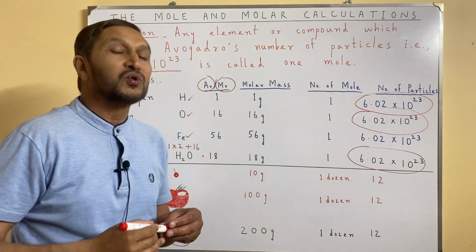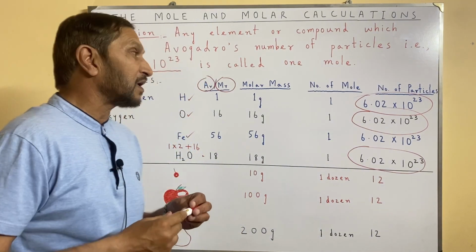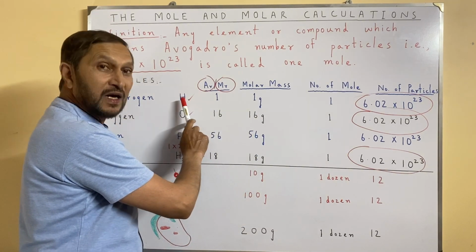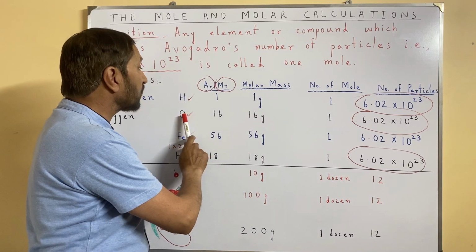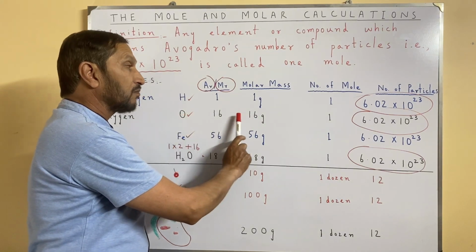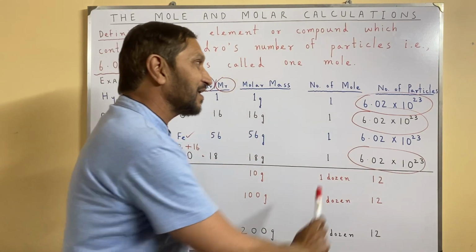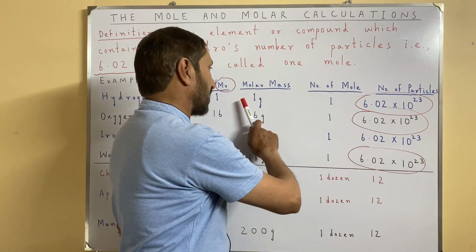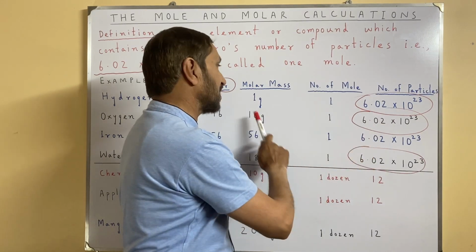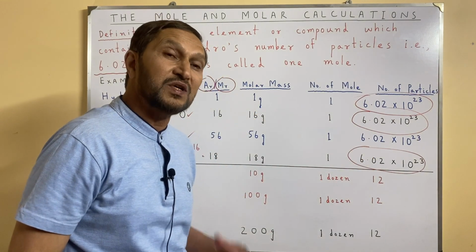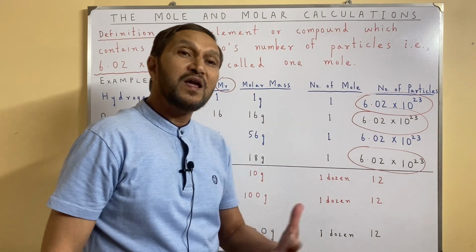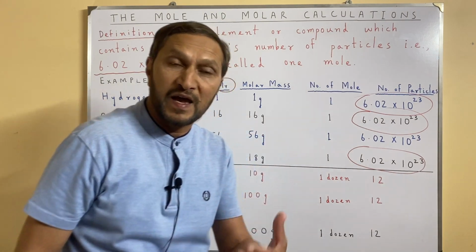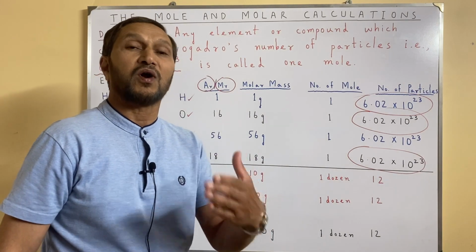Now the question is: how is it possible that 1 gram of hydrogen, which seems a smaller value, and 16 grams of oxygen both contain 6.02 × 10^23 atoms, hydrogen atoms in one case and oxygen atoms in the other? Why do all of them contain this constant number of atoms, molecules or ions?